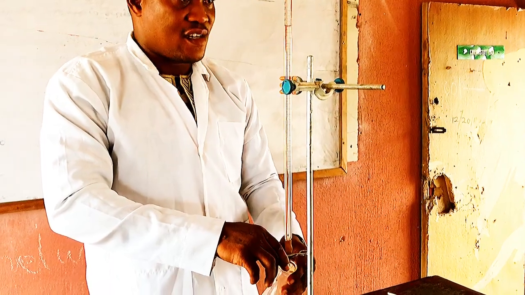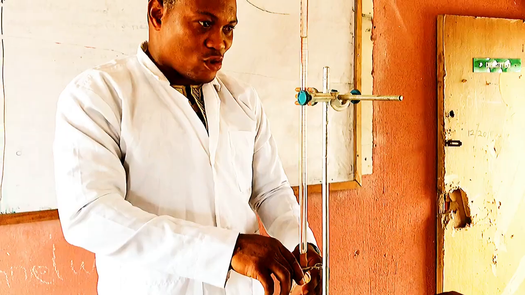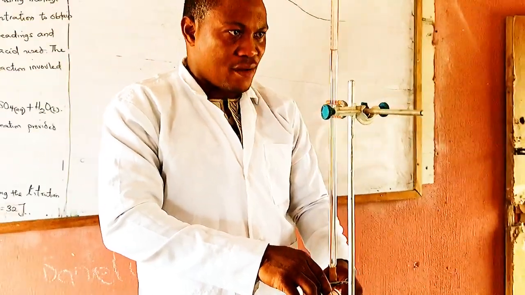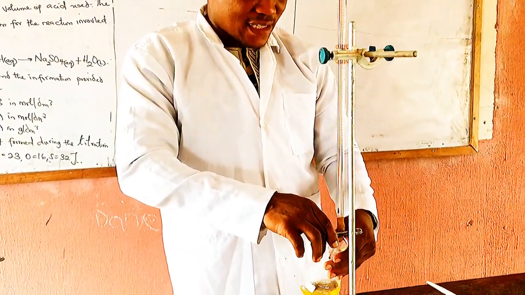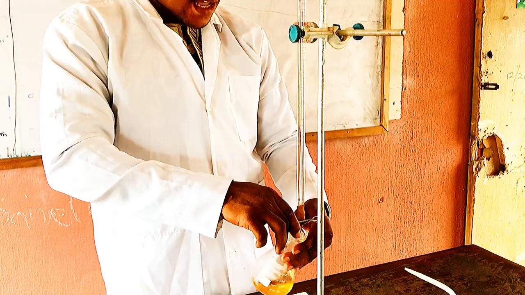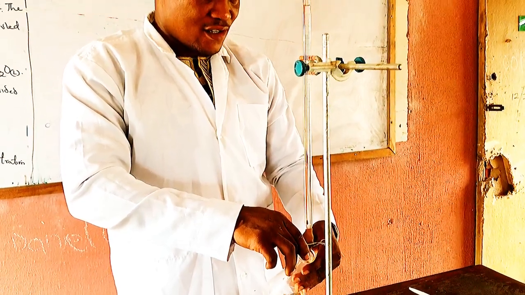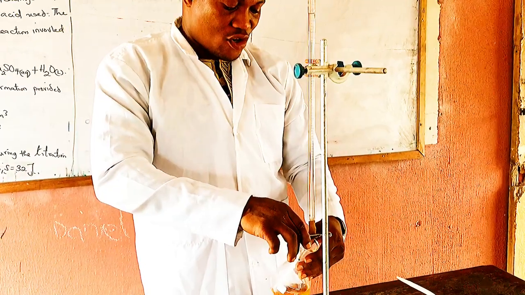Okay. Gently. Can you see that? You can see the color is about to change. So you put in drop by drop, very, very important, drop by drop, to get an accurate titer.